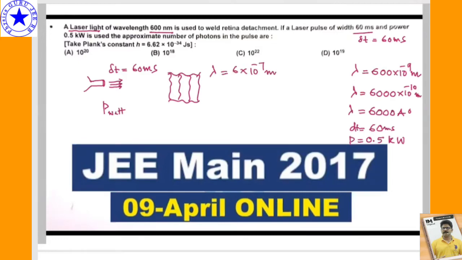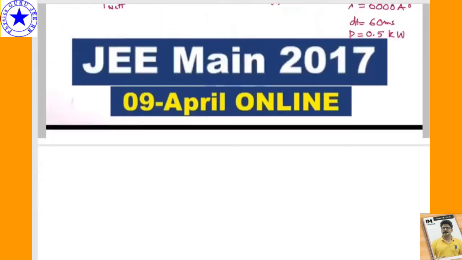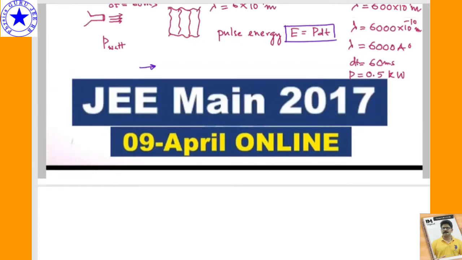Hope it is clear. Now the pulse energy E is equal to P into dt. That is the pulse energy. Next, the energy of a photon of the pulse is hc by lambda.